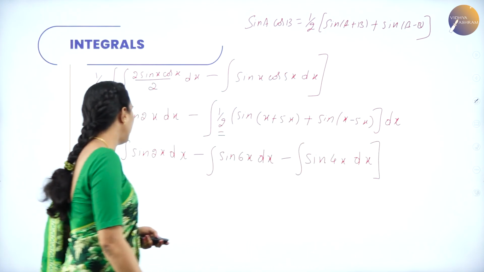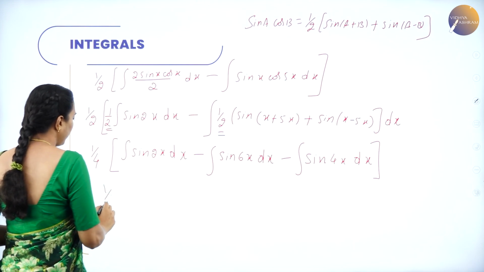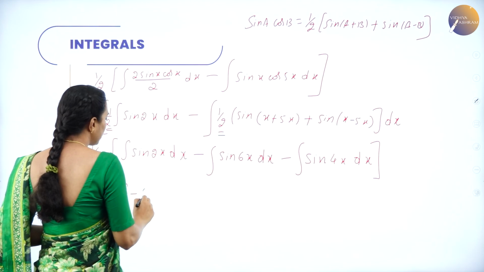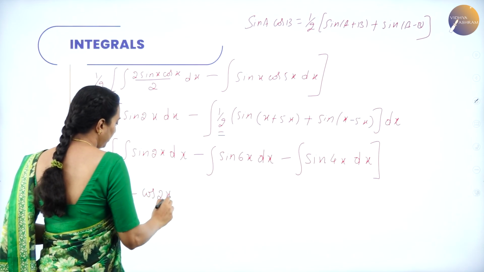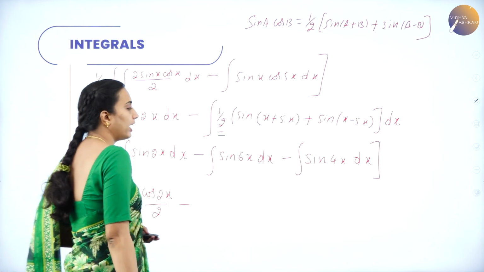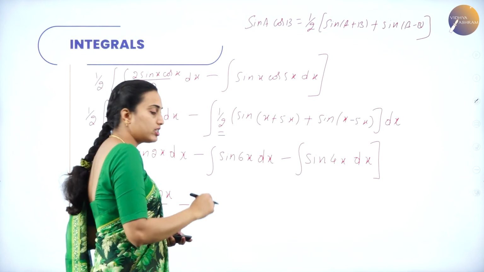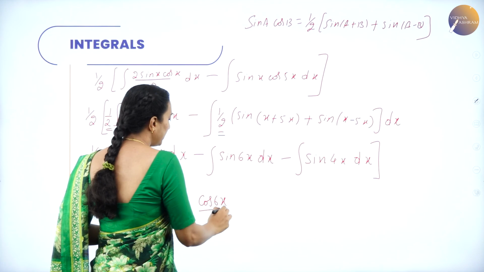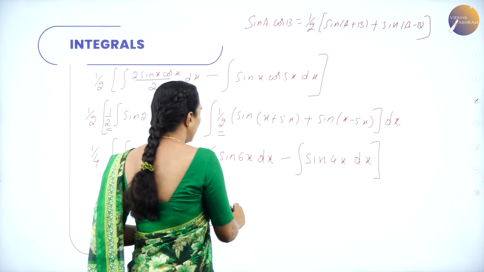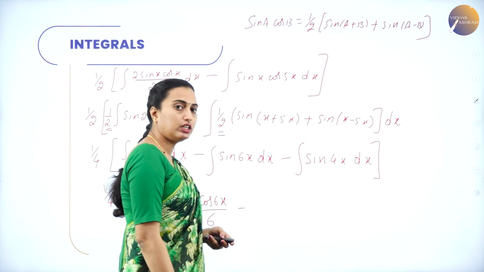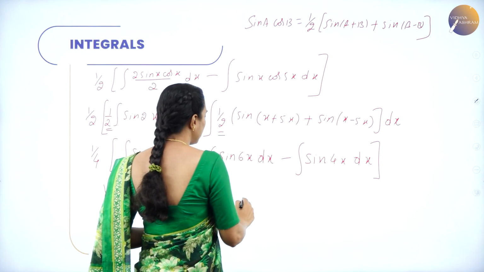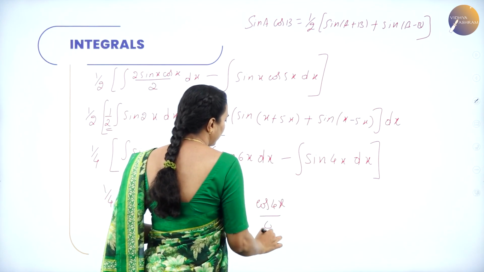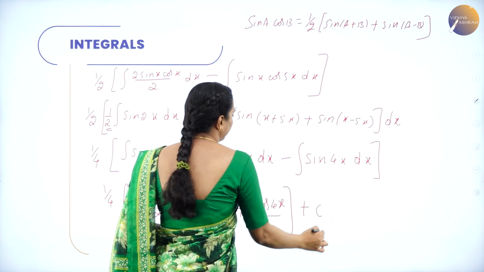Correct? 1 by 4 will be multiplied throughout. So 1 by 4 into sin 2x integration is minus cos 2x divided by 2, minus sin 6x integration is minus cos 6x, minus into minus plus cos 6x divided by 6, coefficient of x. Again sin 4x integration is minus cos 4x, minus into minus plus cos 4x divided by 4 plus c.